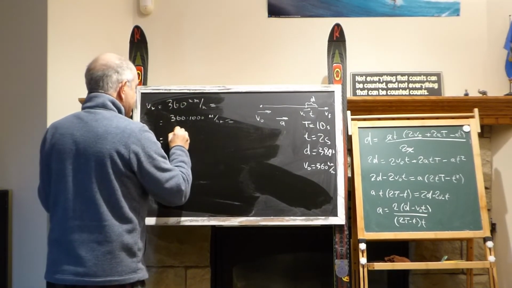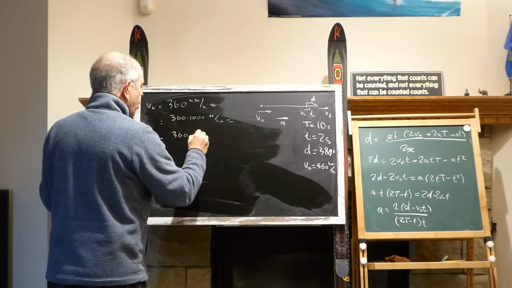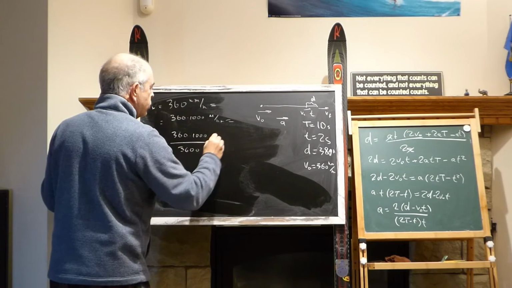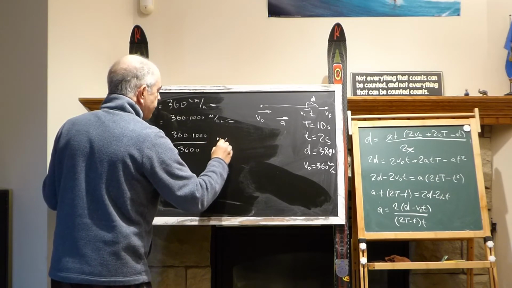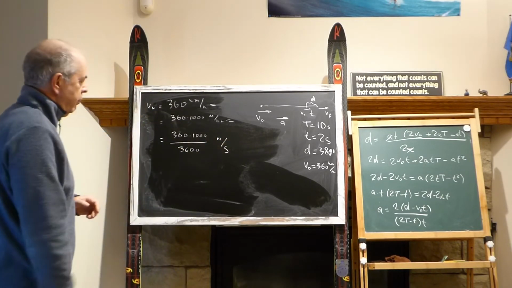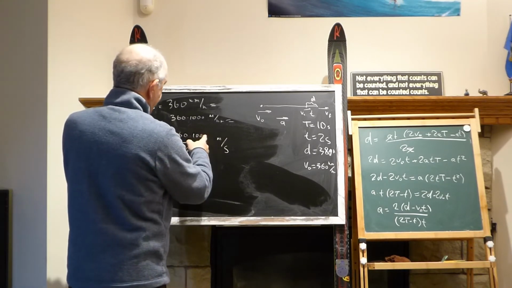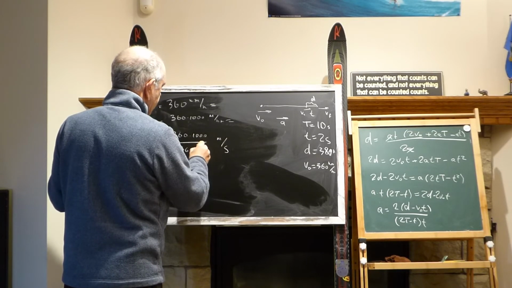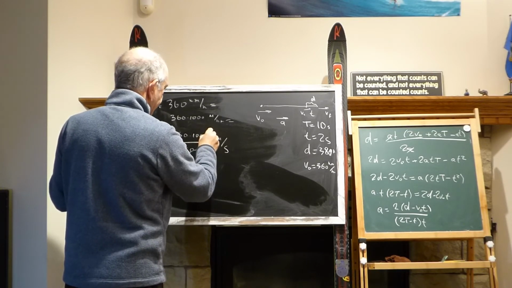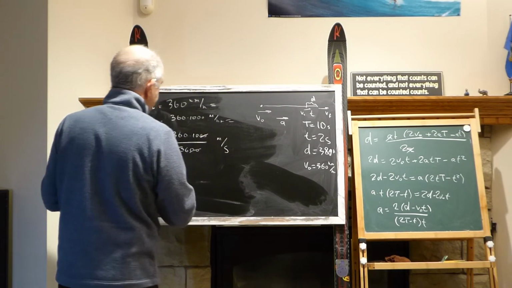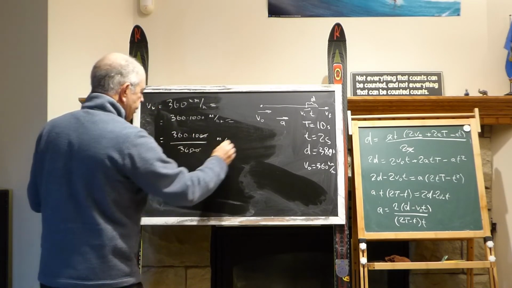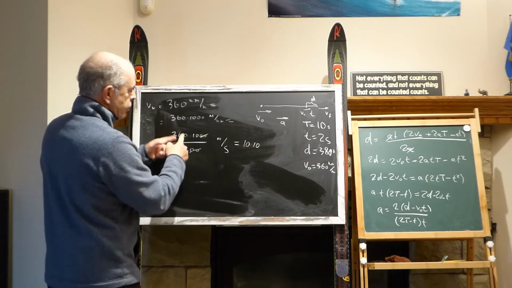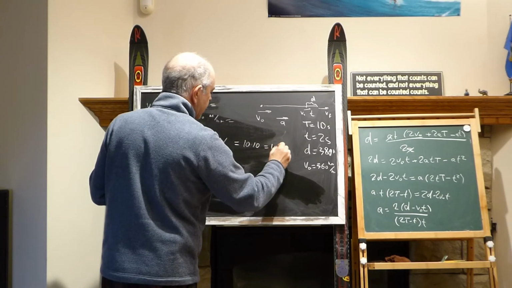So we have 360 over 1000, and we have to divide into, because we're converting to meters per second. Very nice. So we have those two are gone. And it becomes 10 by 10. 10 multiplied by 10, because 36 and 36 will be gone too, and it will become 100.